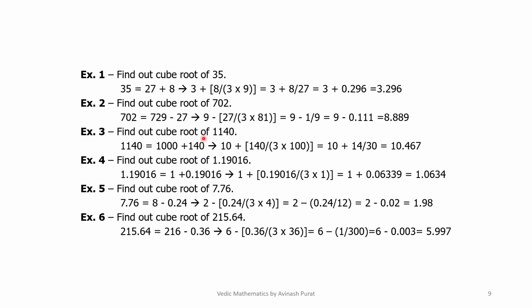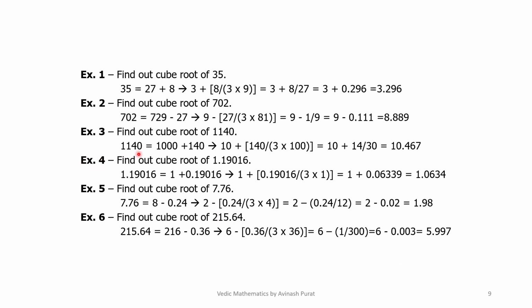So the cube root is 9 minus 27 divided by 3 into 9 square, 81, equal to 9 minus 1 by 9. 27 divided by 3 into 81 is 1 by 9. So that is equal to 9 minus 0.111, equal to 8.889.